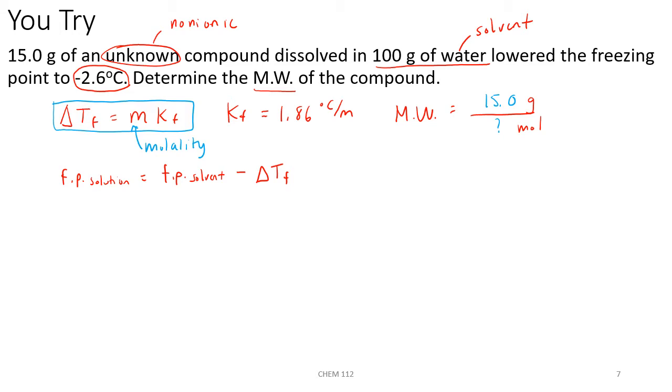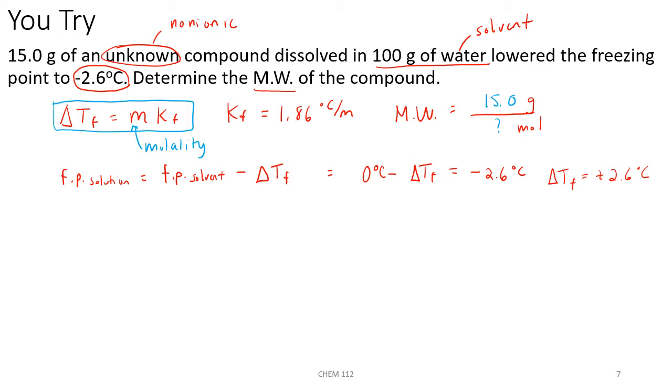So if we're dealing with water, water has a freezing point normally of 0, minus the delta TF would be equal to negative 2.6 degrees Celsius, because we know the solution froze at negative 2.6 degrees Celsius. So if we were to rearrange and solve for delta TF, that would be equal to positive 2.6 degrees Celsius.